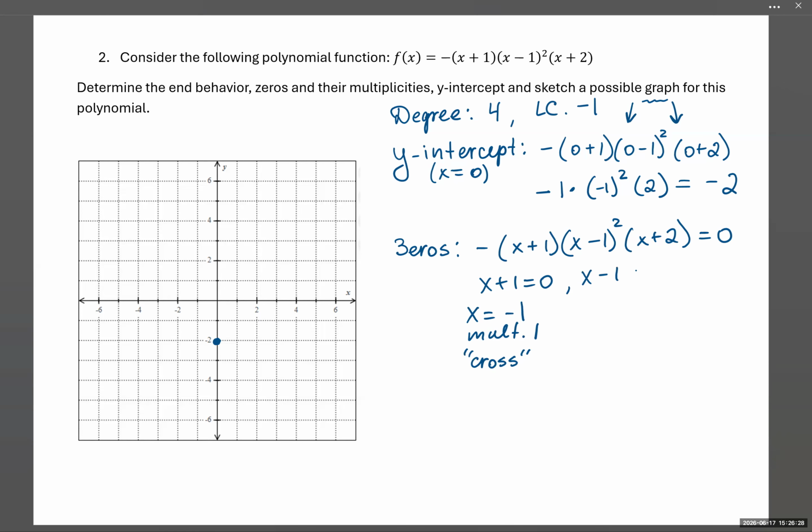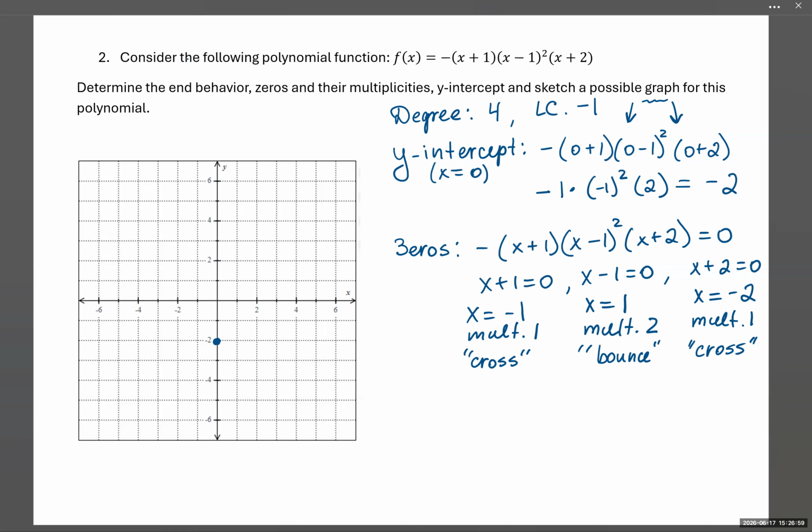Now x minus 1 equals 0, which means x equals 1. Multiplicity on this parenthesis is 2 because it was squared to begin with. So at that point, the graph will bounce, or touch and turn. And then x plus 2 equals 0, x equals negative 2. Multiplicity 1. Odd multiplicity, the graph should cross at that point.